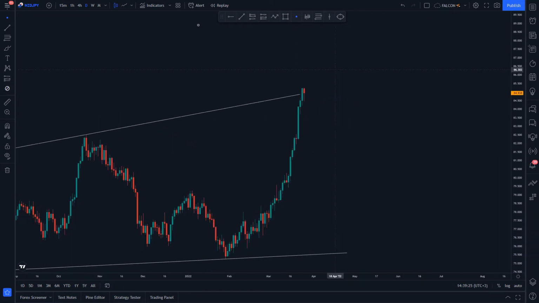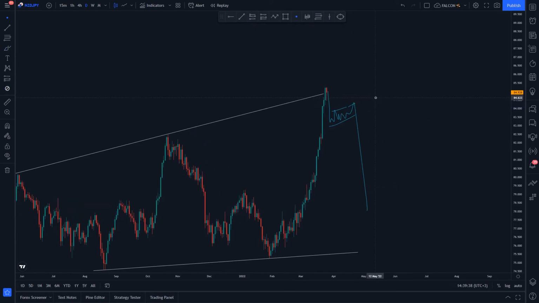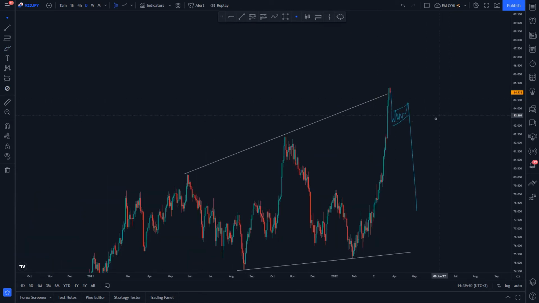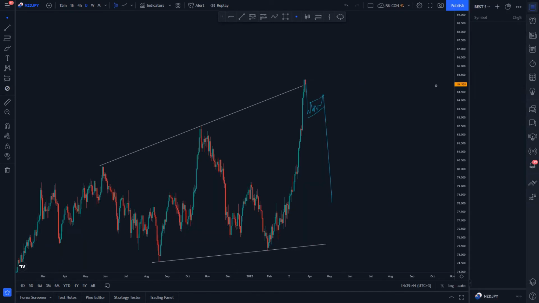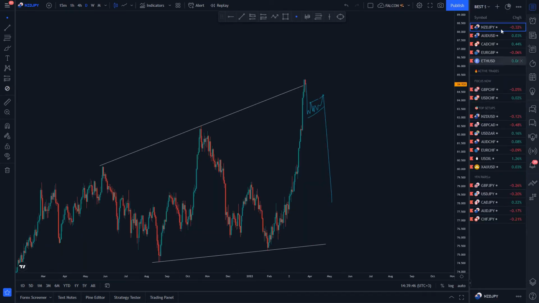If we manage to get a push down followed by a clear correction, then we'll take this on to the downside. Always wait for that first correction for confirmation. The yen pairs are quite clear, and it's just a matter of waiting for that first down push. Next we are going to Aussie dollar.